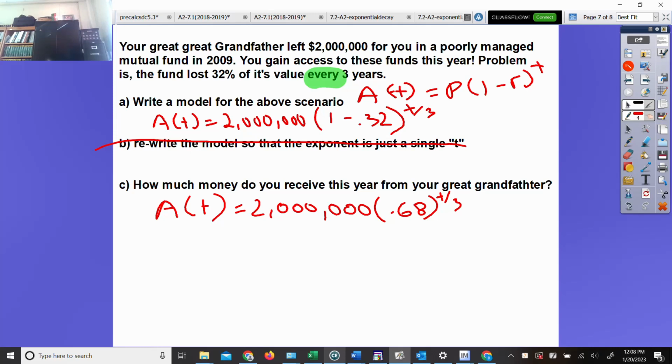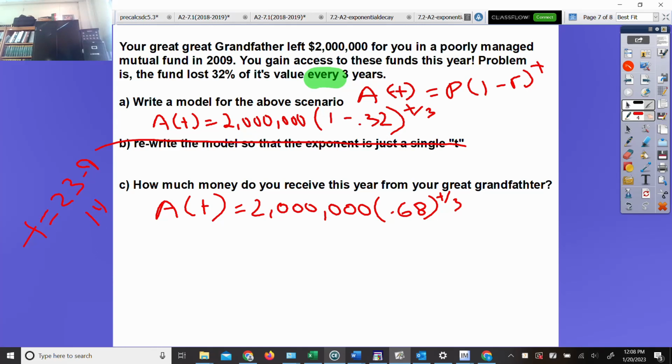And the deal is, how much do I receive from my great-grandfather? So I have to figure out how long this is going to take to happen. How do you figure out how many years have passed? 23 minus 9, since they're both 2000s. How many years is it? 14.